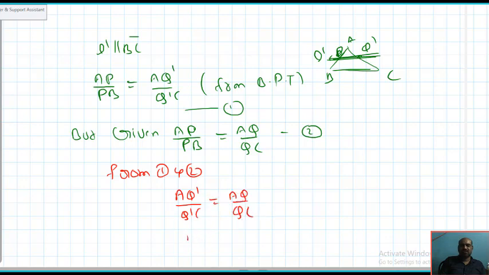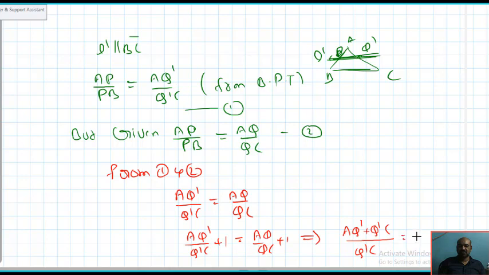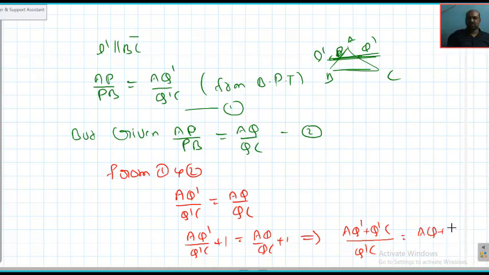Do one thing, add 1 on both sides. What happened? Observe: AQ dash by Q dash C plus 1 equals AQ by QC plus 1. So AQ dash plus Q dash C by Q dash C equals AQ plus QC by QC.